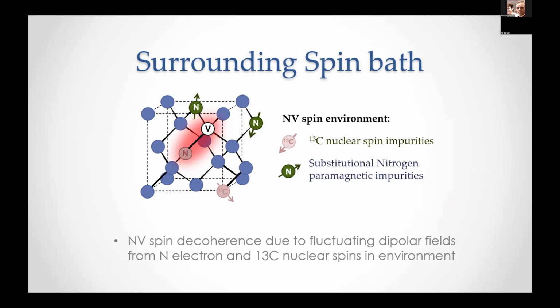We try to relax the diamond as much as we can, but it's never perfect. Other questions? But maybe it's important to note that people know these days how to grow and create diamond samples that are very, very nice and pure, but nothing's perfect. Not diamond and not any other material. So there's always going to be something.